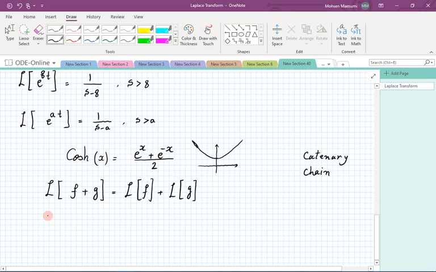Another property of linearity is that if you have a function and you double it, triple it, and so on, so if you multiply it by a number and then take a Laplace transform, you can factor that number out, take the Laplace transform, and then multiply later on. These two properties, very easy to verify, make the Laplace transform a linear transform. Laplace transform is linear.